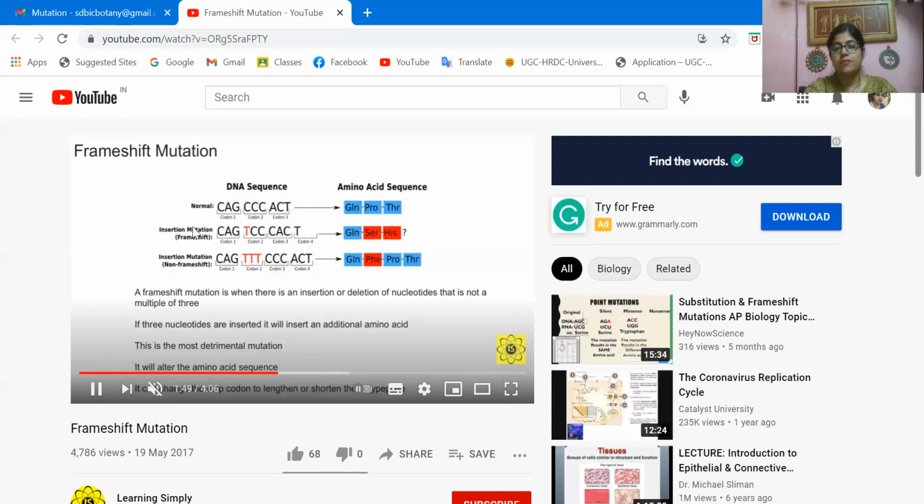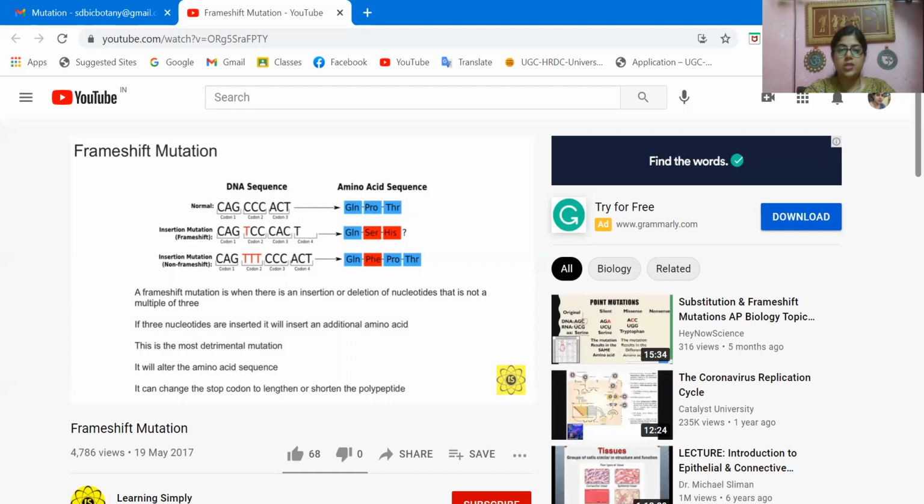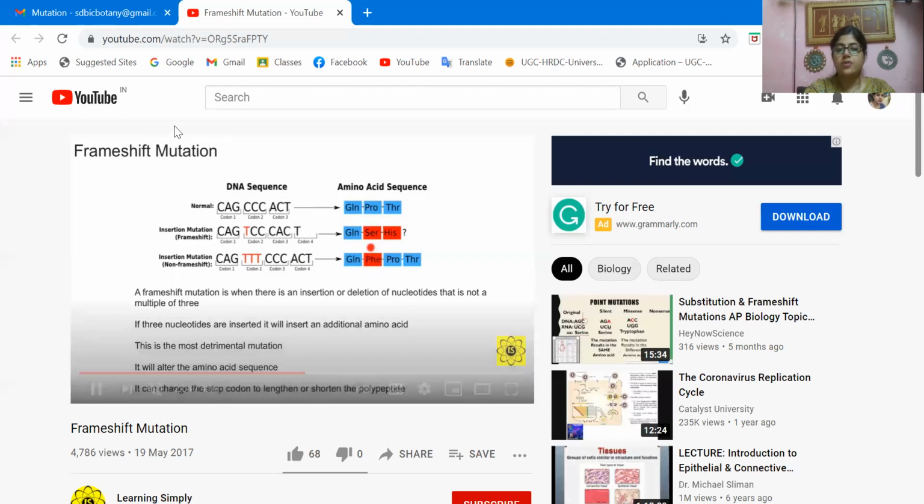So in the case of frame shift mutation, insertion or deletion of a single base will be very crucial to change the frame, and that will alter the amino acid sequence. But if three bases are inserted or deleted, then it will change one amino acid only, not the whole frame. So this is the basic useful concept that I wanted to share.